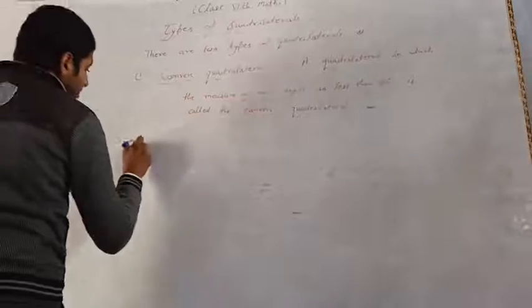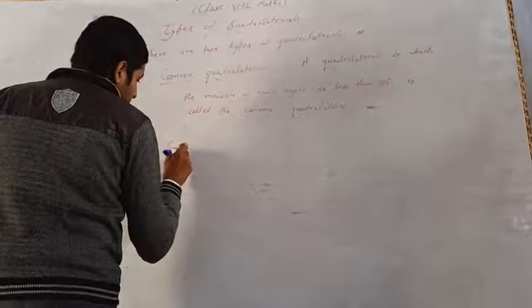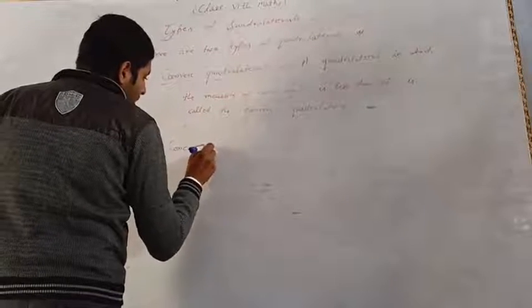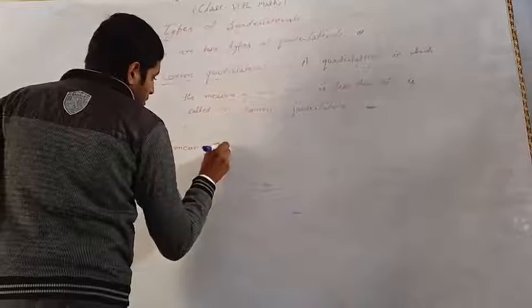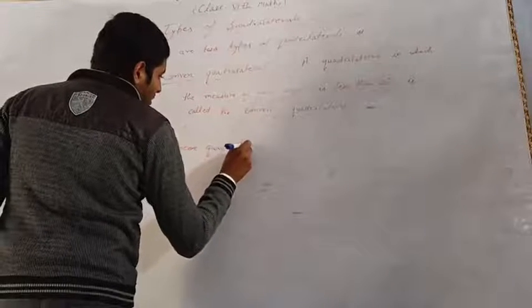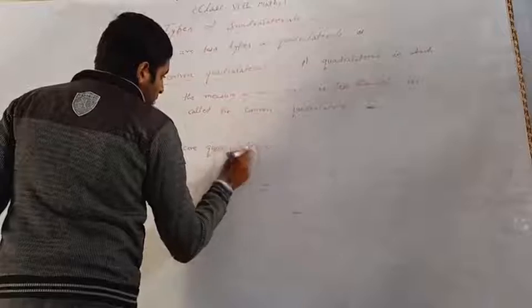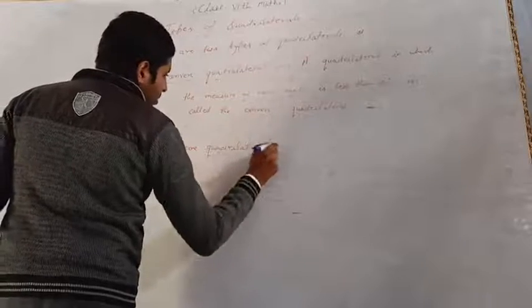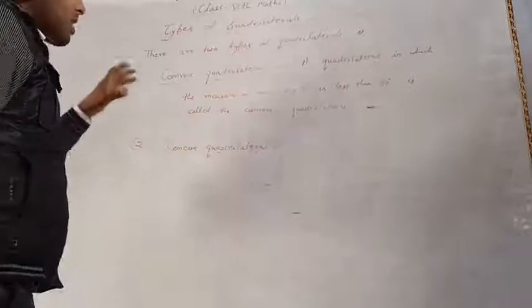The second type of quadrilateral is known as concave quadrilateral. So what is a concave quadrilateral?